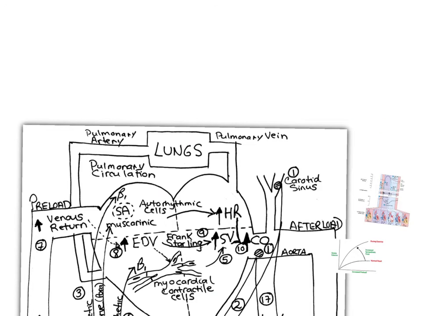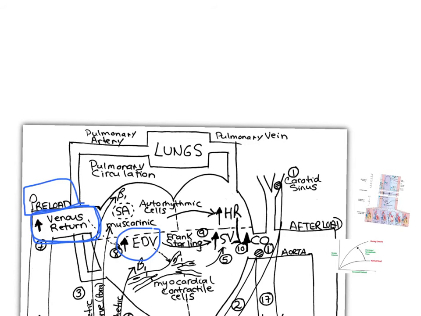Now let's look at the relationship between the end diastolic volume and what's known as the venous return, and I also want to discuss this concept of preload. So preload is the amount of ventricular filling before contraction, or in other words, at the end of diastole. So the amount of ventricular filling is going to depend on how much blood gets returned to the heart, and that is the venous return.